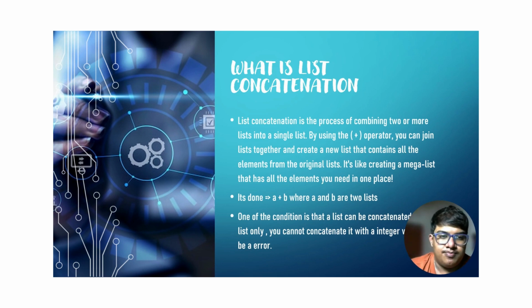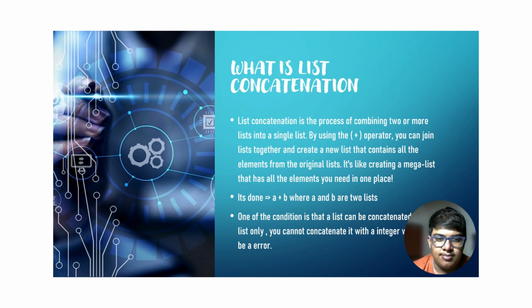Let's move on. Let us know what list concatenation is. First of all, let me tell you, concatenation is a process of combining two lists or two strings. So here what we have is that list concatenation is the process of combining two or more lists into a single list.